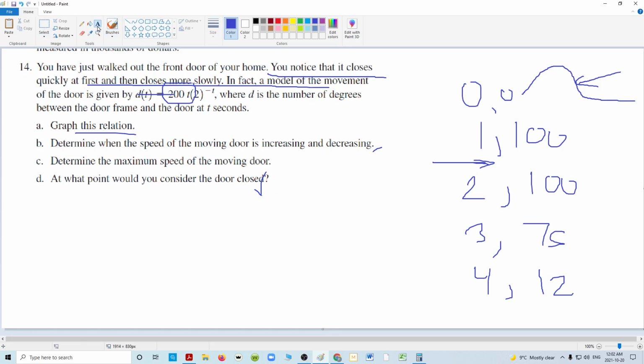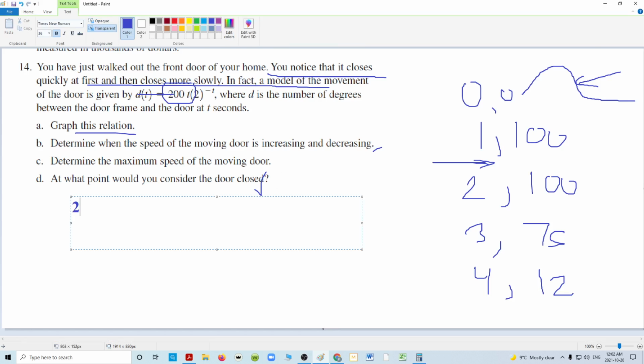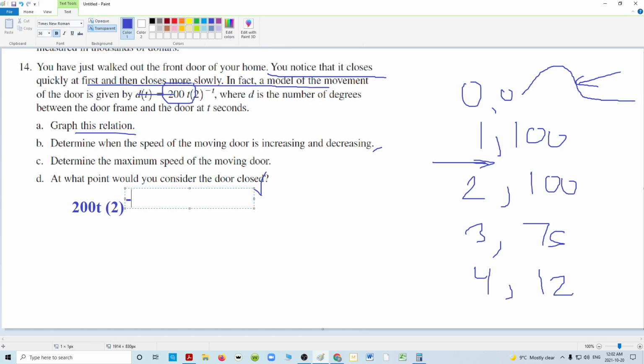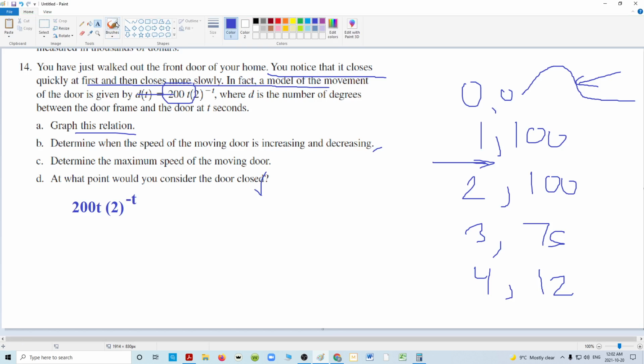And we're going to write it the way it was: 200. We'll associate the 200 with the t just so we don't get confused. We'll keep it in this format for the derivative. And what's interesting about this is, have we done derivatives of growth yet?